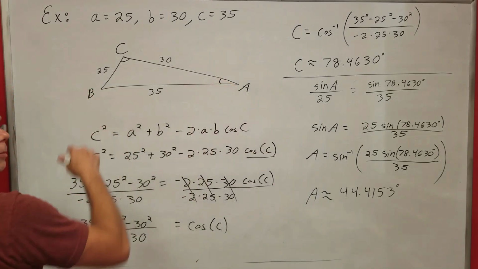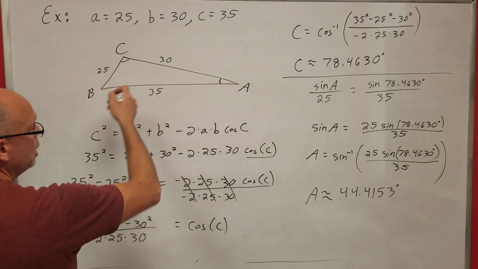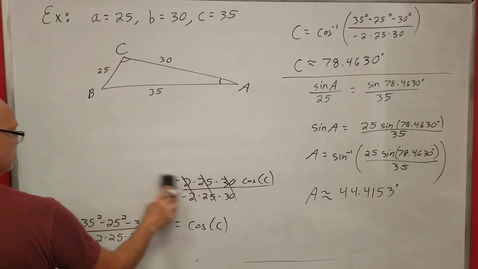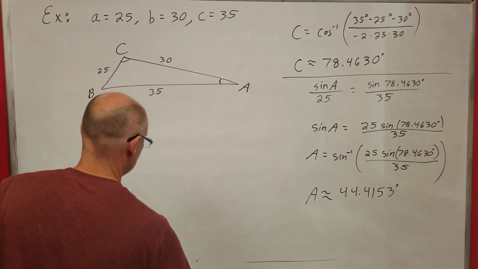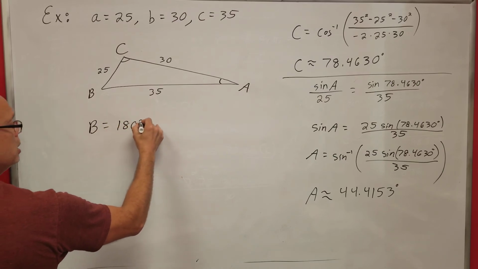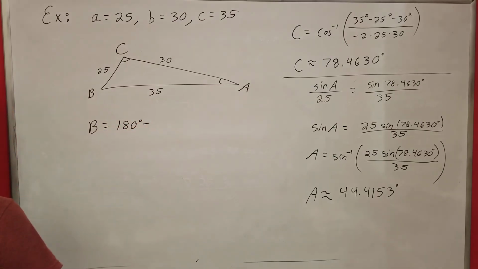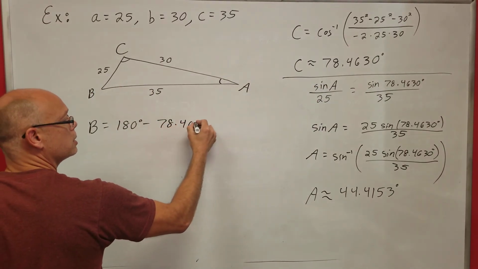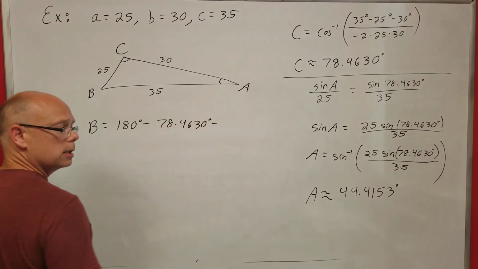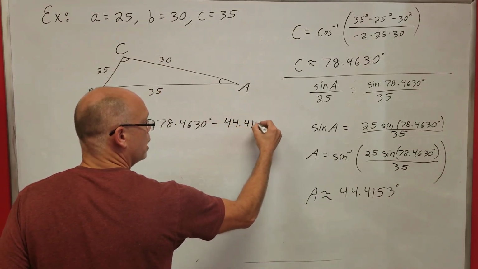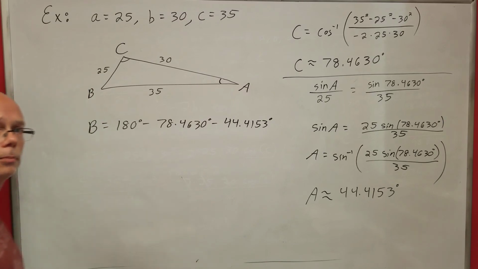Now I need to find angle B. Well, if I know two angles in a triangle, I can find the last one, just 180 minus the other two. Let's see. So angle B is going to be 180 degrees minus angle C, which was 78.4630 degrees, minus angle A, which was 44.4153 degrees.